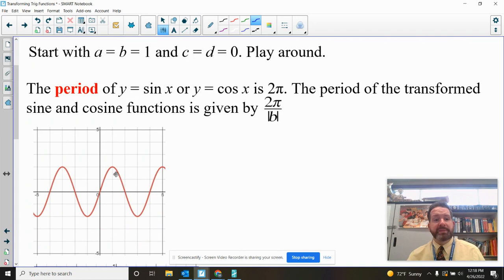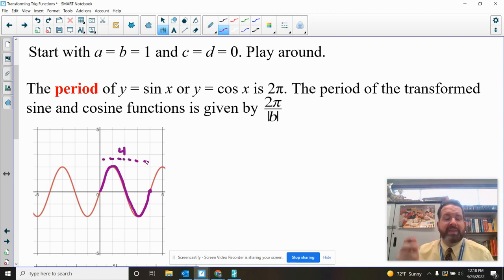So on this particular graph, as I look at it, I can see that the amount of time it takes to go from the midline to the top, down to the bottom, and back to the midline again, well, that's a distance of 4. This graph has a period of 4. That means that my b value had to be pi over 2.